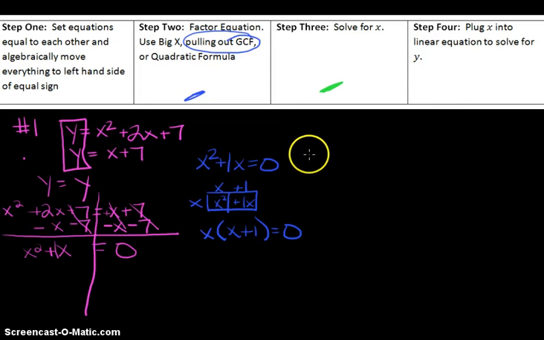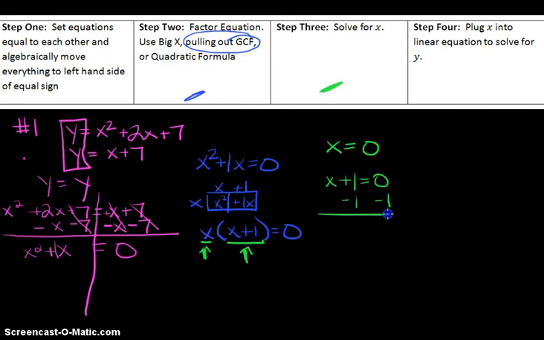Now it says we need to solve for x. So we're simply going to take our two factors. We've got one factor here and the second factor here. And you're going to set them equal to 0. So the first one is just this one. That's our first factor. So x is equal to 0. That's our first value for x. And then we take our second one right here, and x plus 1 equals 0.